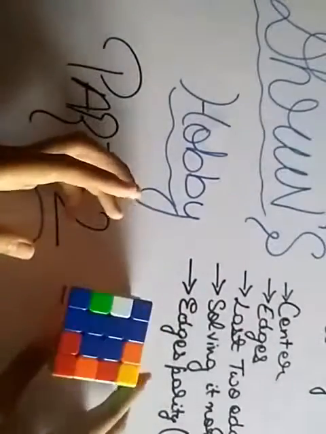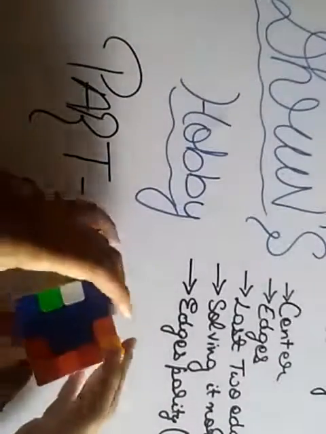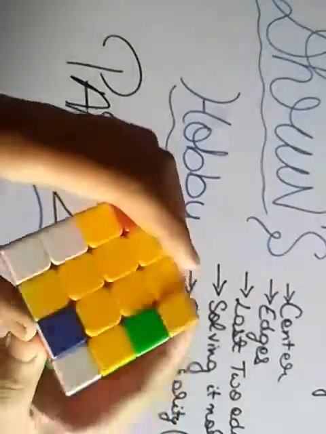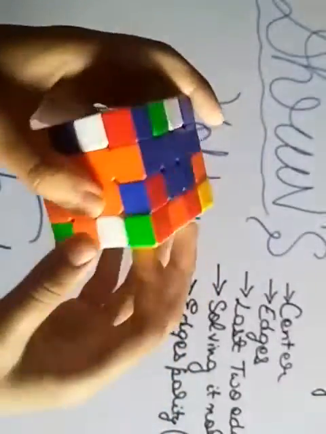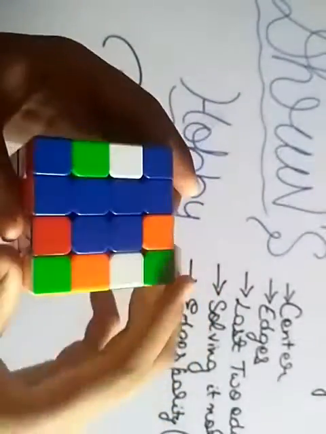So first of all, I prefer to make the white edges of the cube. I'm just gonna find one, and here it is white and green, and here also the second one white and green. So I'm gonna use this one only.